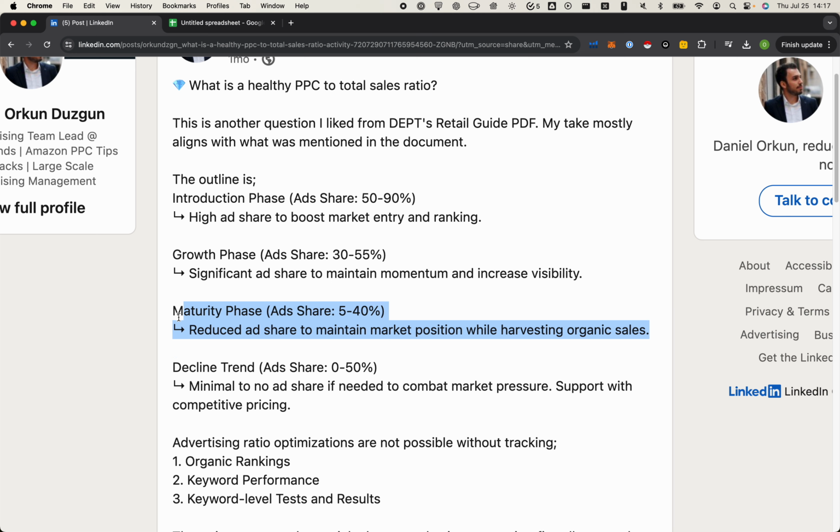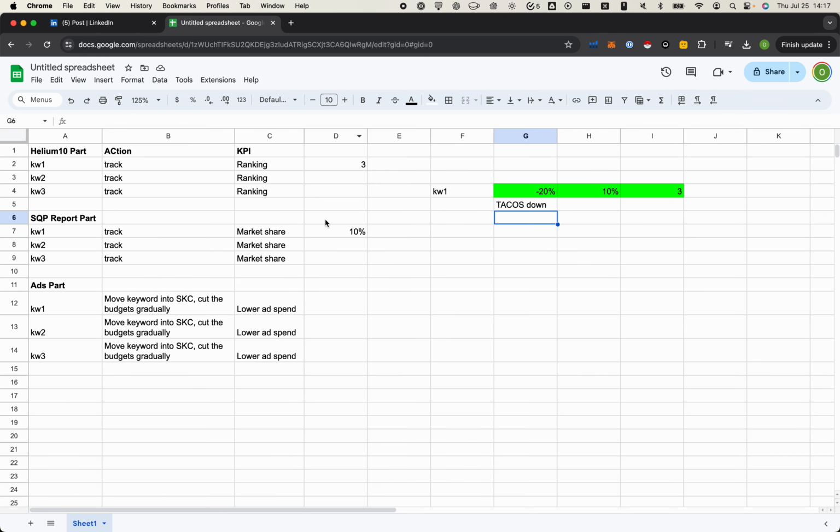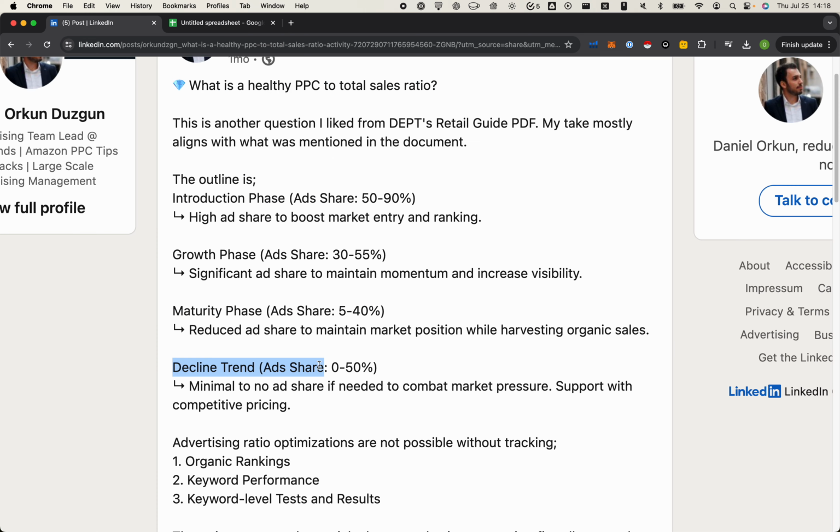So again, this is something that you would only do for great products, I would say, with great conversion rates and strong rankings all over the keywords, like 1 to 4 positions and such stuff. Keep that in mind.